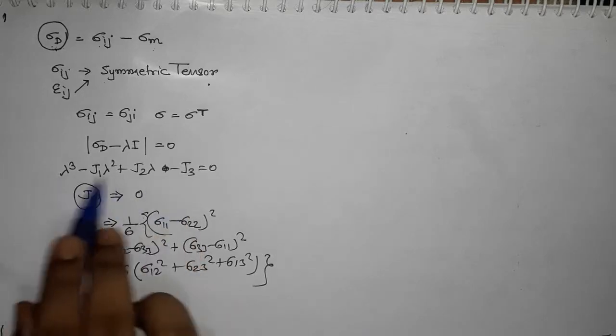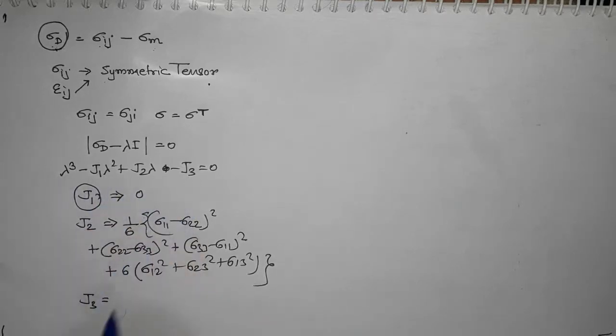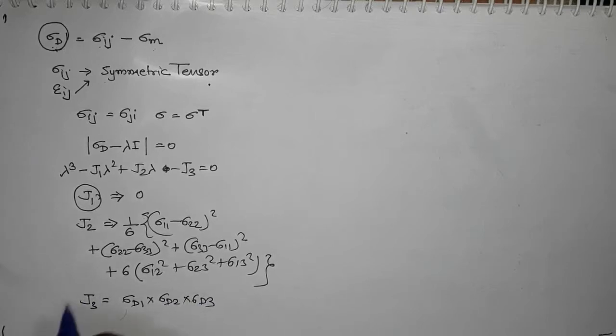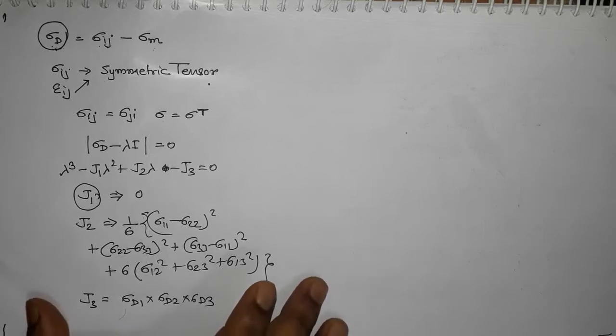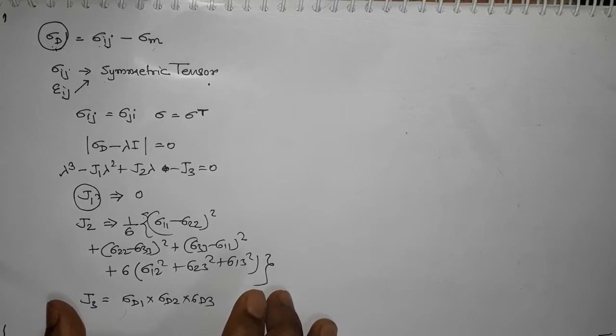So in this case, if we know the principal values, let's call those sigma d1, d2, d3, then the value of the determinant will be sigma d1 into sigma d2 into sigma d3, and that's it. So this we know now, and this was similar to the principal values of the strain tensor and stress tensor.